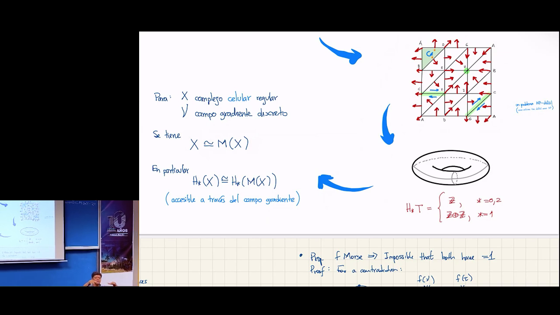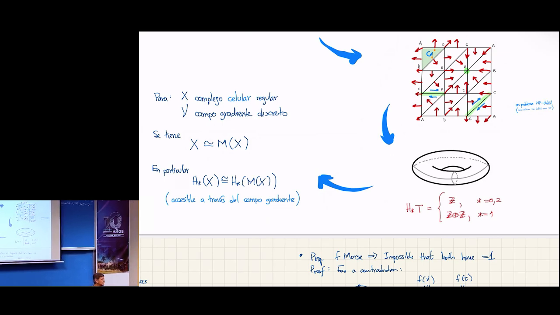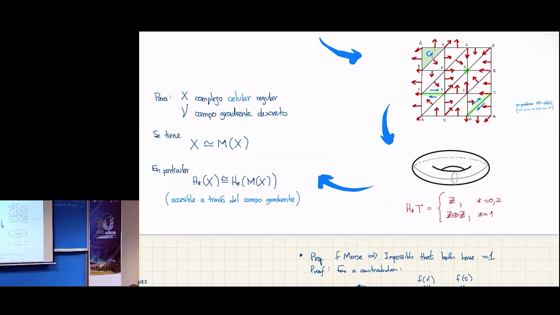Namely, you have critical cells that are going to be stretched, and other cells that are pushed to collapse into other cells, and at the end you get this very simplified version of the homotopy type. In particular, there is an isomorphism: you can compute the homology of your original simplicial complex in terms of the homology of something which is smaller.